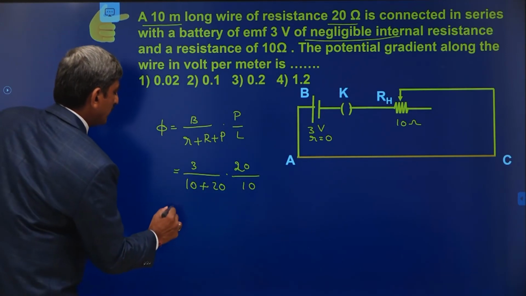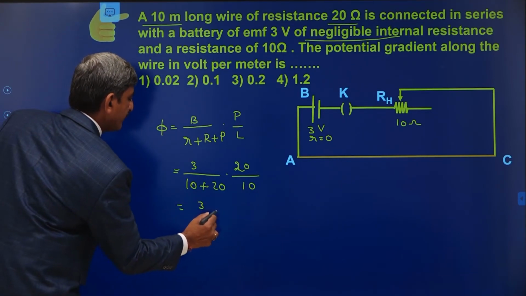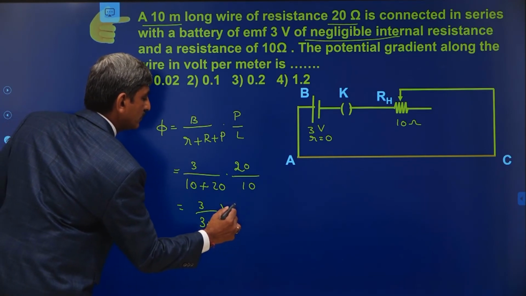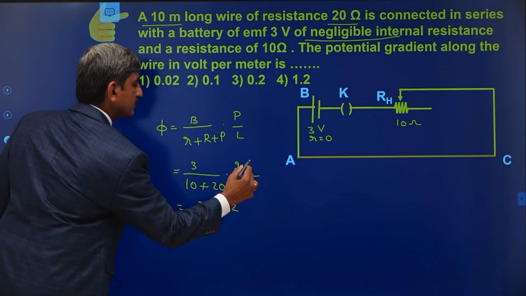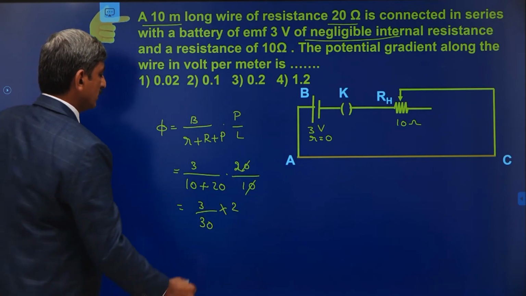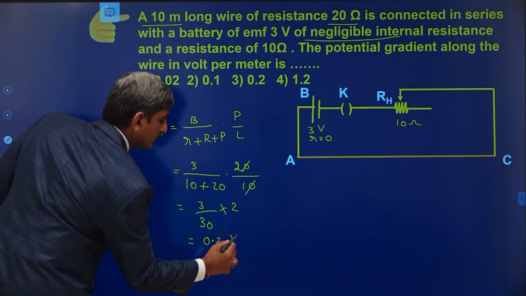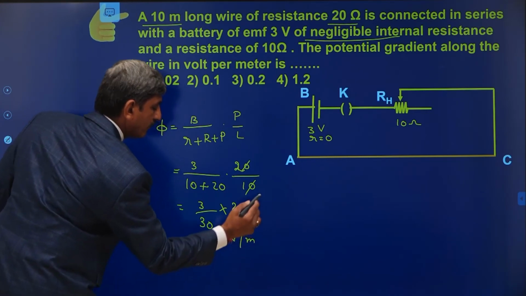Okay, so it becomes 3 by 30 into 2. So this is equal to 0.2 volt per meter.